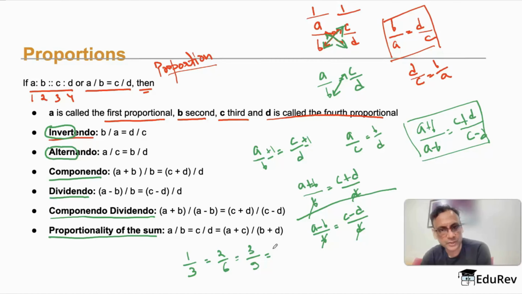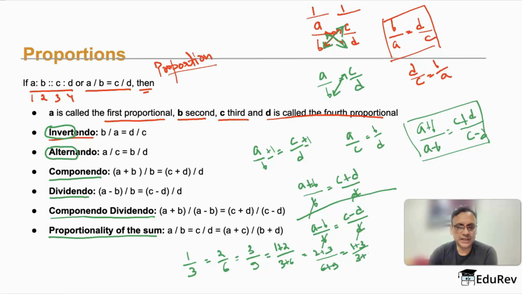So if I add first and second, what do you get? 1 plus 2 upon 3 plus 6. I add second and third, 2 plus 3 upon 6 plus 9. I add first and third, 1 plus 3 upon 3 plus 9. I add all of them, 1 plus 2 plus 3 upon 3 plus 6 plus 9.